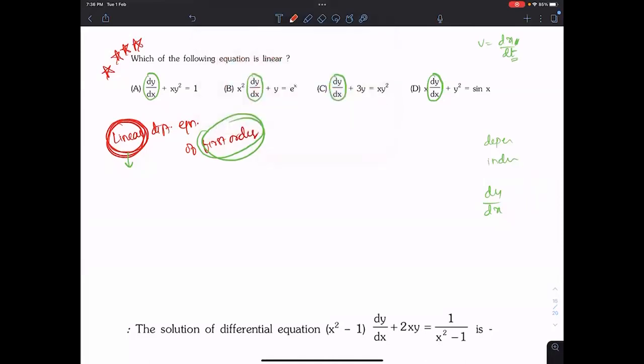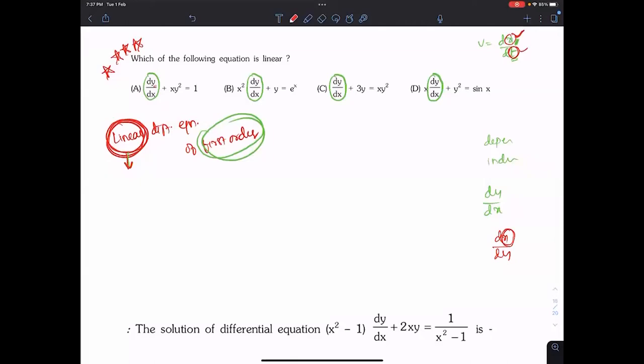So this is the independent variable and this is the dependent variable. Displacement is dependent on time. Now, whatever the dependent variable is, like here in all the four cases it is y. If you reverse it, if you write dx by dy, x is the dependent variable.